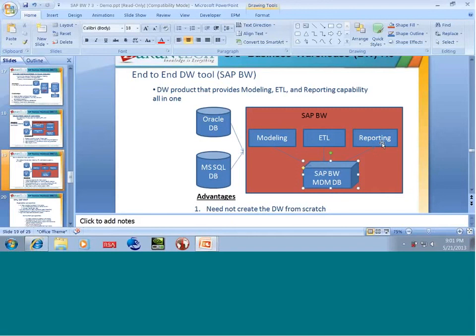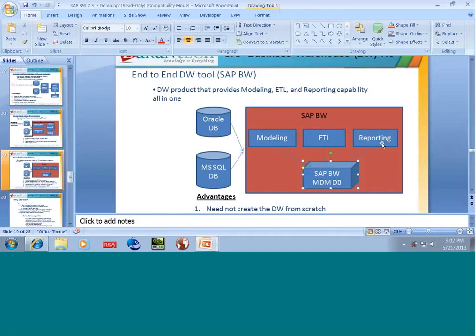They saw that the only place where SAP BW was lagging behind was in the reporting arena, and they wanted to acquire the biggest and best tool available in the market and bring it into SAP BW. That's why, if you follow the history of SAP BW, around 2007, when SAP bought the Business Objects tools, for a short period of time it changed its name from SAP BW, which is Business Warehouse, to SAP BI, which is the Business Intelligence Platform.